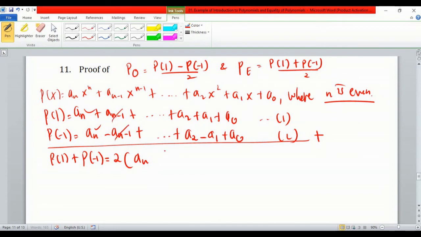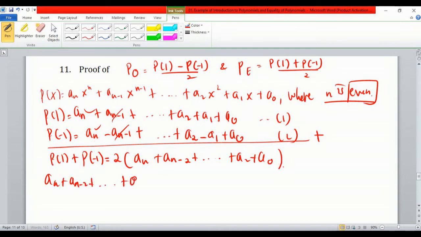So we will get a_n plus a_(n minus 2) plus dot dot dot plus a2 plus a0. Because we're talking about the even, we can write a_n plus a_(n minus 2) plus dot dot dot plus a2 plus a0 is equal to P even, which is P(1) plus P(minus 1) over 2.